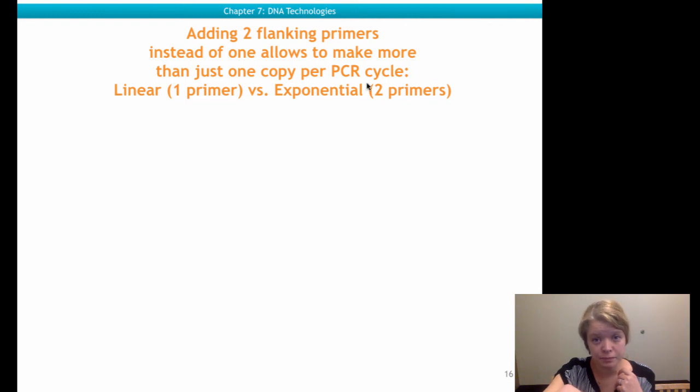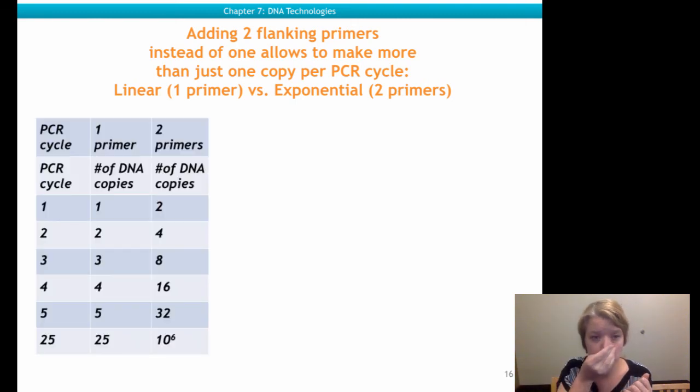While with two primers, you'll get an exponential amplification. So here we go. At 25 cycles, the two primers situation will produce about 1 million copies of your gene.